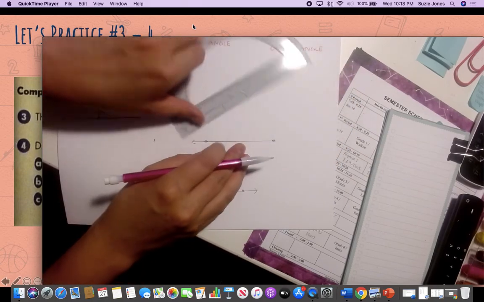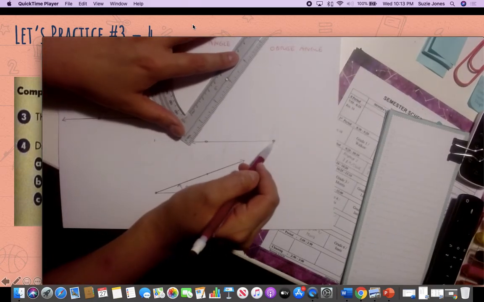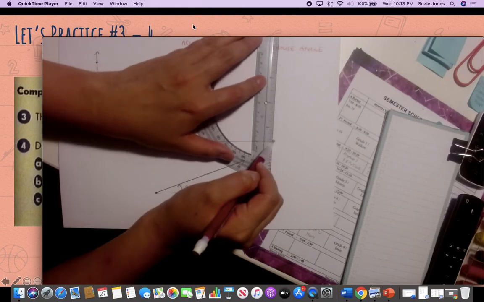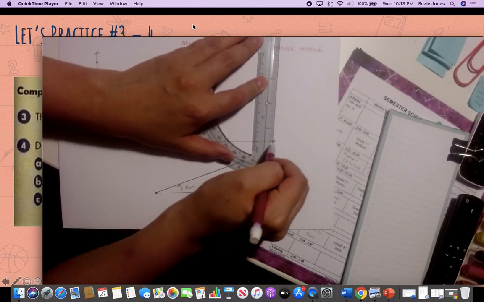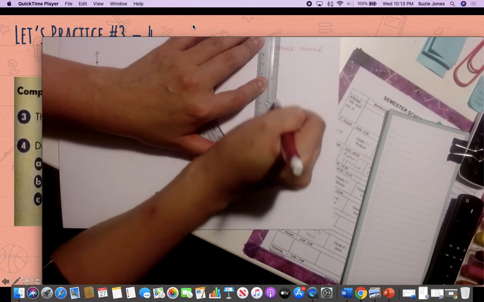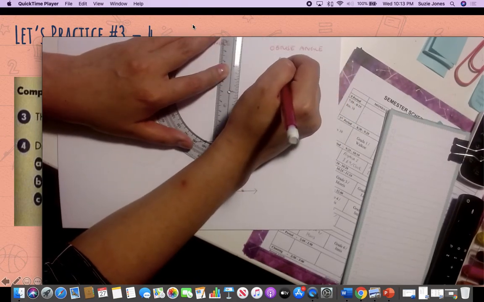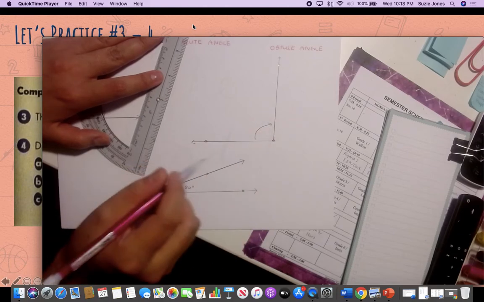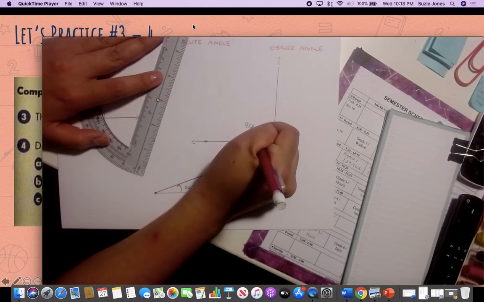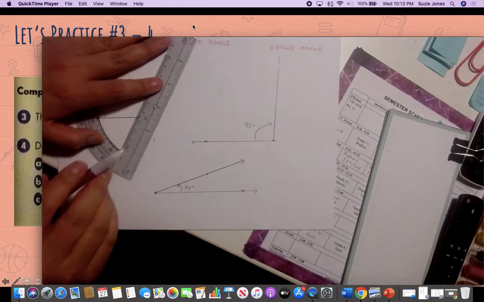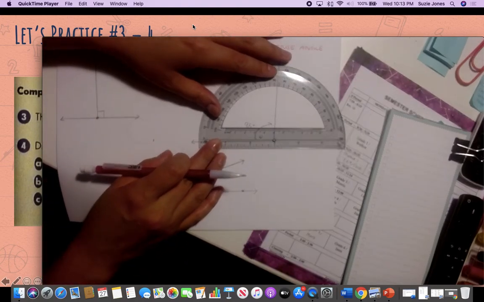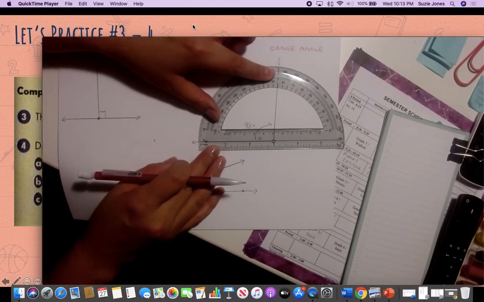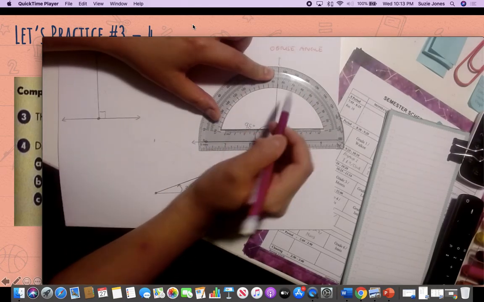So I'm going to go from my vertex to that point I drew at 95 degrees, like so. It kind of looks like a right angle, right? But it's not a right angle because it's not 90 degrees, it's 95 degrees. I'm going to make sure it is at 95. Yep, it goes through 95.